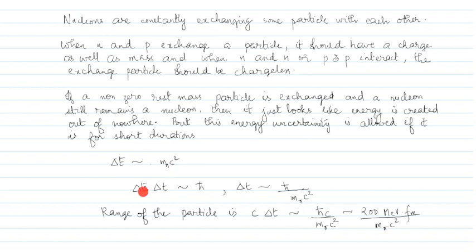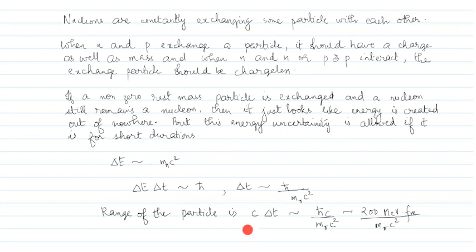As per the uncertainty principle, delta E delta T is approximately h cross, and delta T is h cross by m pi c square, and the range of the particle cannot exceed c delta T. The maximum speed that you can assume for these particles is the velocity of light. So the range of the particle cannot exceed this particular value. c delta T would be the range.